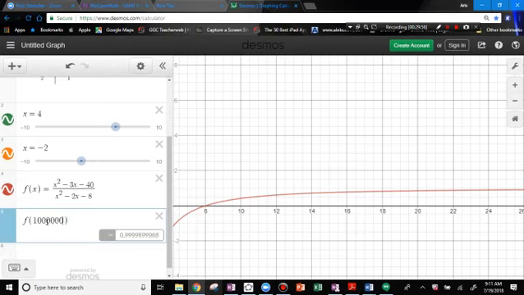Let's break this thing. It gives up. The programmer says, okay, look, it's 1, I don't have enough space. It's not 1. It's never 1. I want to be clear about that. You get as close to 1 as you desire. We've broken Desmos to say, okay, I give up, it's 1. But it's never equal to 1.